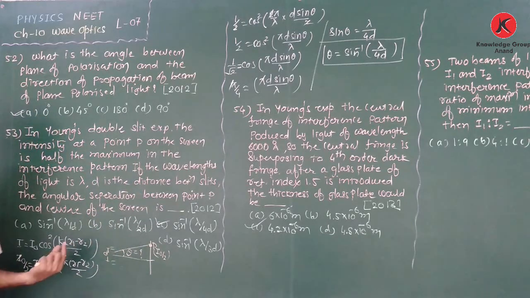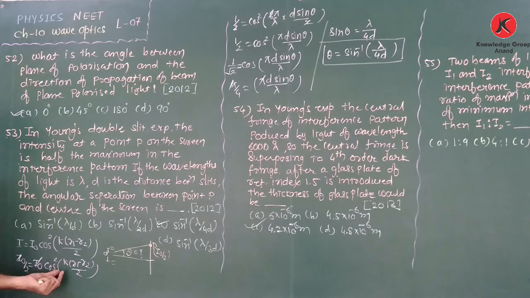For that purpose, we use the concept of intensity of light at any point on the screen in the interference pattern: I is equal to I0 cos square k into R1 minus R2 by 2. Intensity is given as I0 by 2. So I0 by 2 is equal to I0 cos square k into R1 minus R2 by 2. I0 cancels, we obtain 1 by 2 equal to cos square.